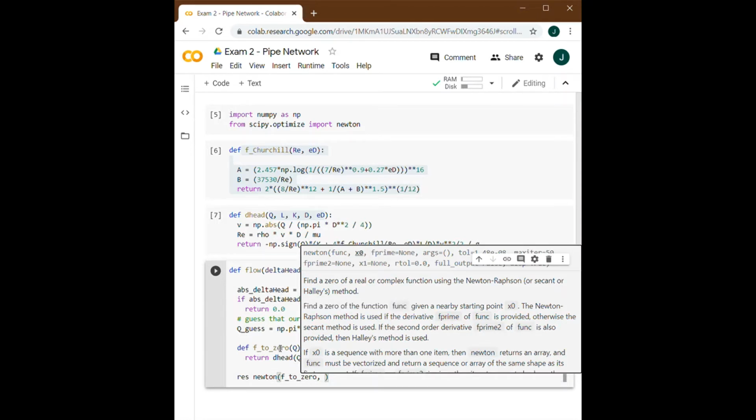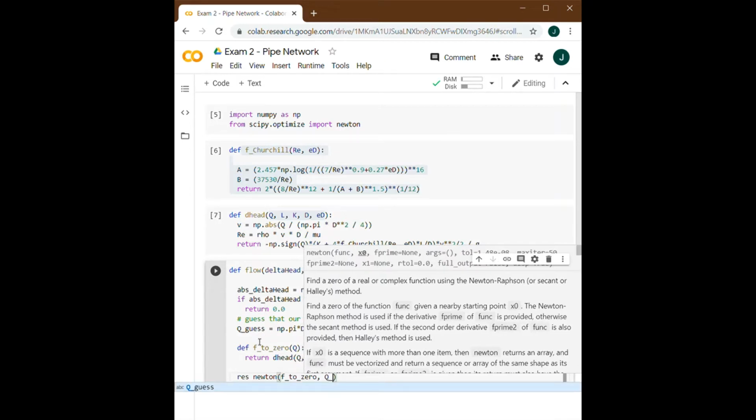So our function is going to be f to 0, given a starting point, x of 0. Our starting point is going to be our guess from earlier. You can see all these other optional arguments, but we don't really need anything other than our function and our starting point. So our starting point is going to be our qguess variable from earlier.